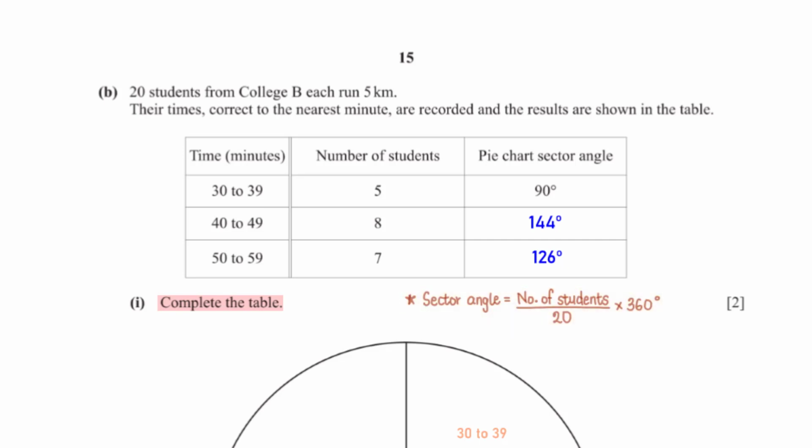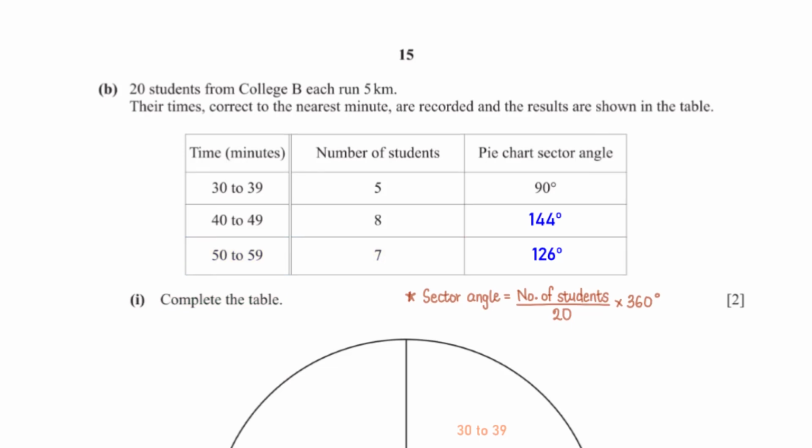The first category has already been completed for us. For the second category, we have 8 over 20 times 360 degrees, which is equal to 144 degrees. Then for the final category, we have 7 over 20 times 360 degrees, which is equal to 126 degrees.